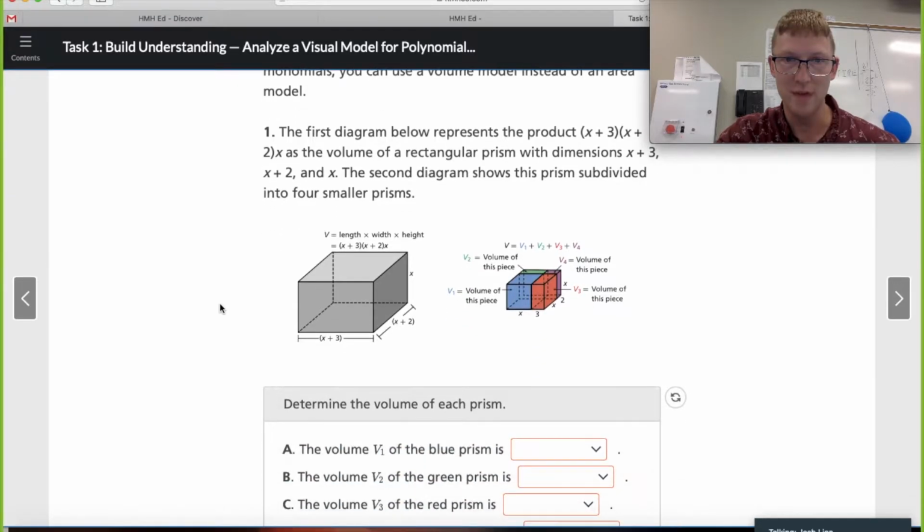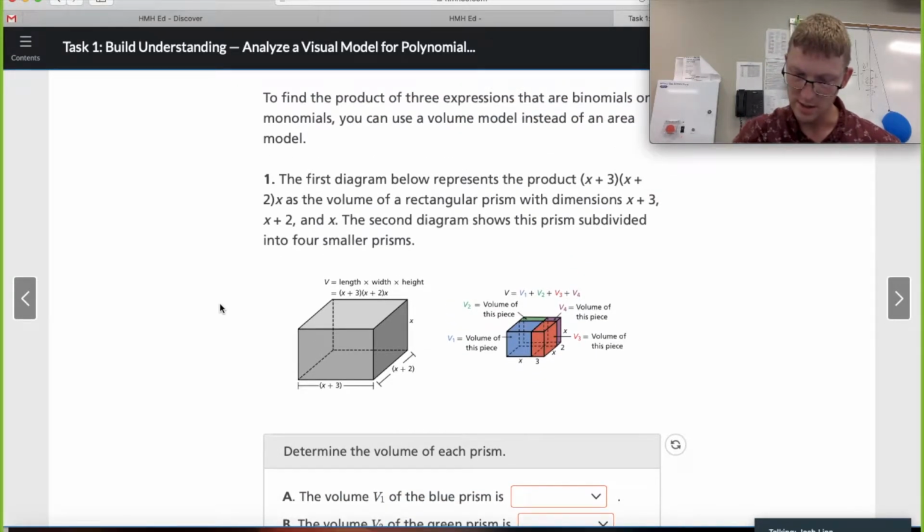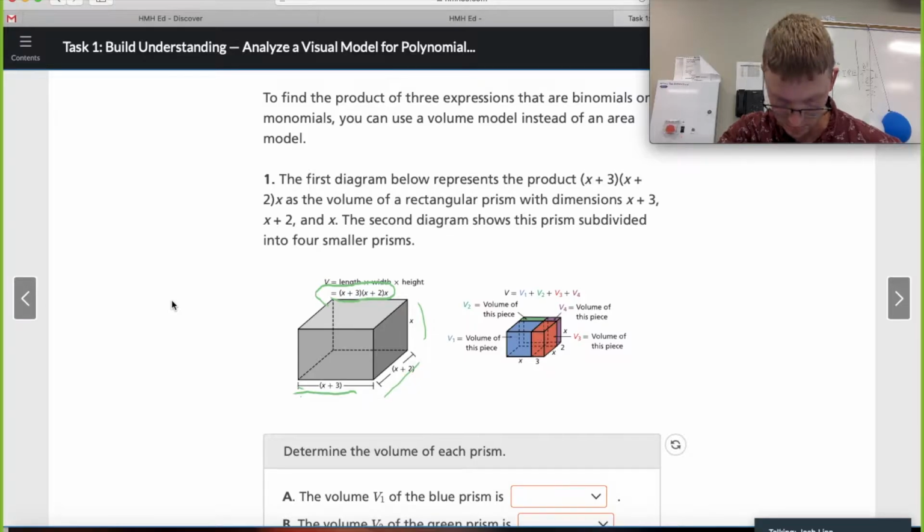You can do the same with volume as well. Volume just adds another dimension: length times width times height. So we can do that with this one, length times width times height. We're going to get our binomial, because it's a product. And then we can also figure that out by finding the volume of each individual piece within this rectangle.